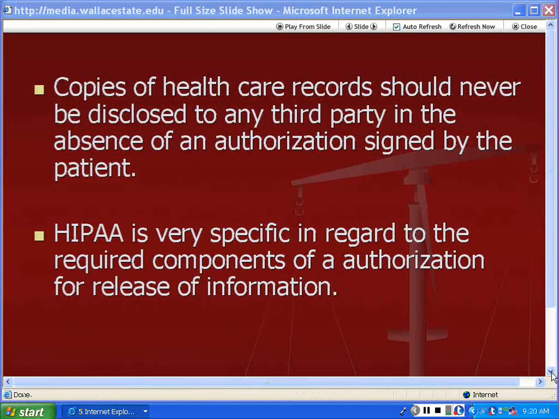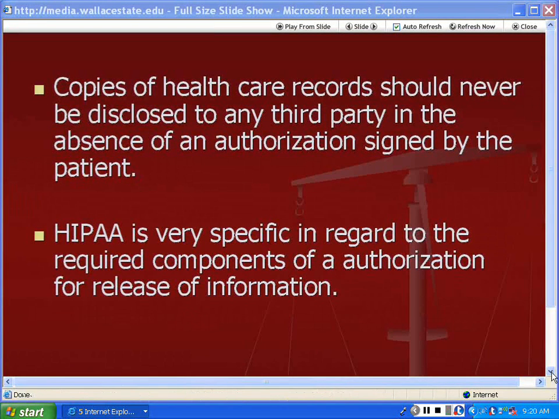Now, in your textbook, in this particular chapter that we're talking about now, there is a bulleted list of everything that has to be on an authorization according to HIPAA. So as I gave you an example of an actual authorization in your handouts, the book actually lists what has to be on there.